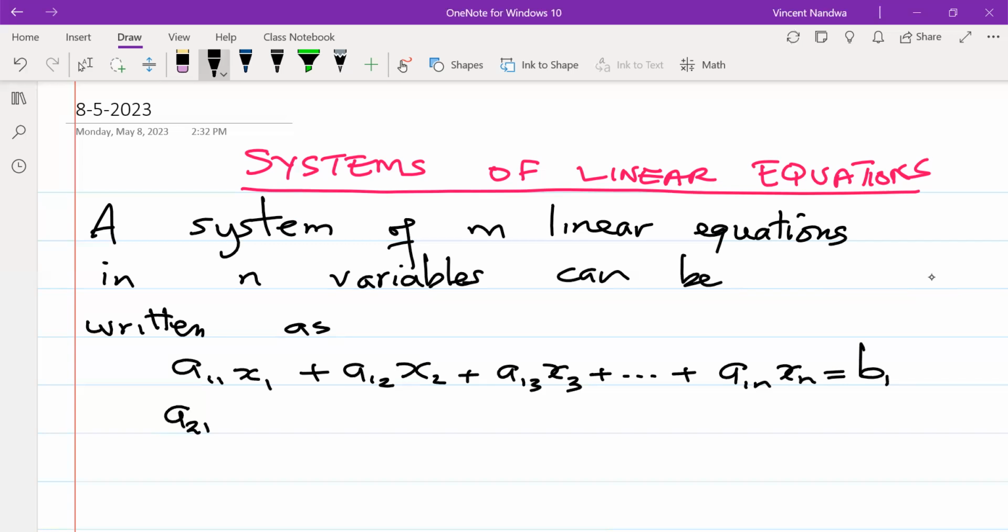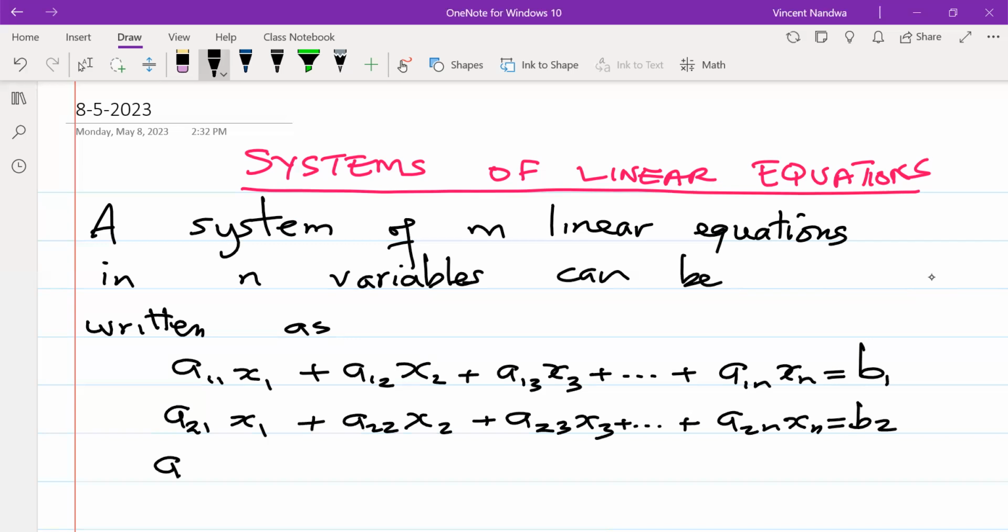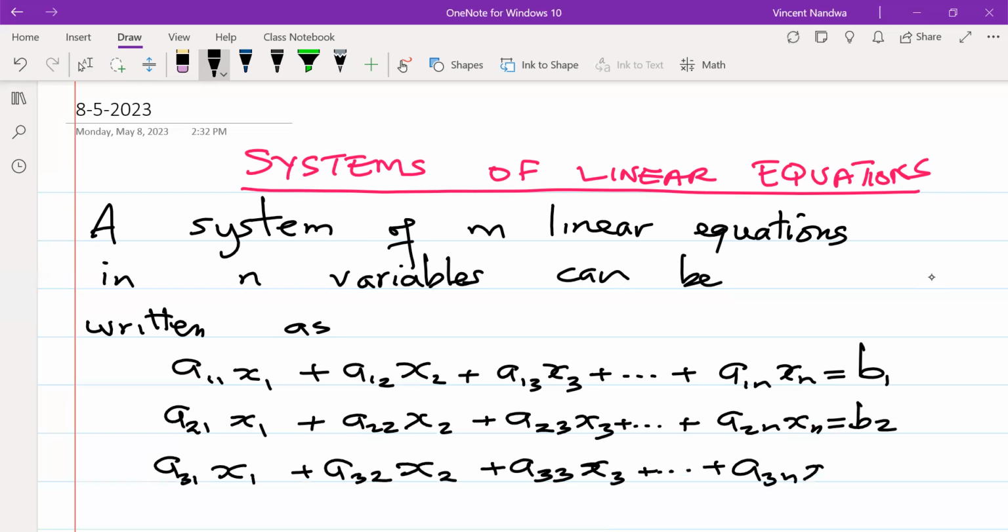a21 x1 plus a22 x2 plus a23 x3 plus a2n xn equals to b2, a31 x1 plus a32 x2 plus a33 x3 all the way up to a3n xn equals to b3.